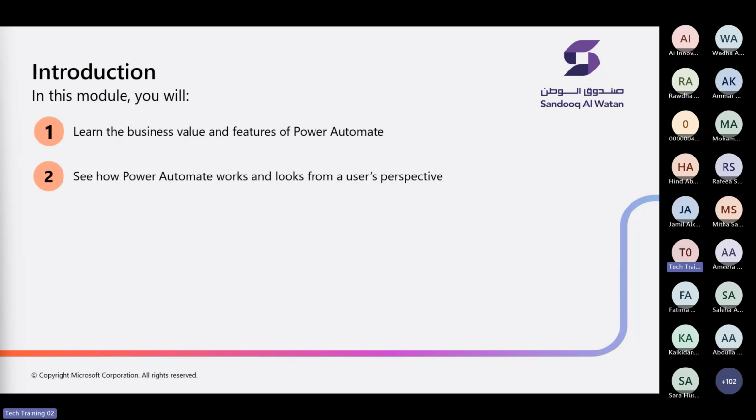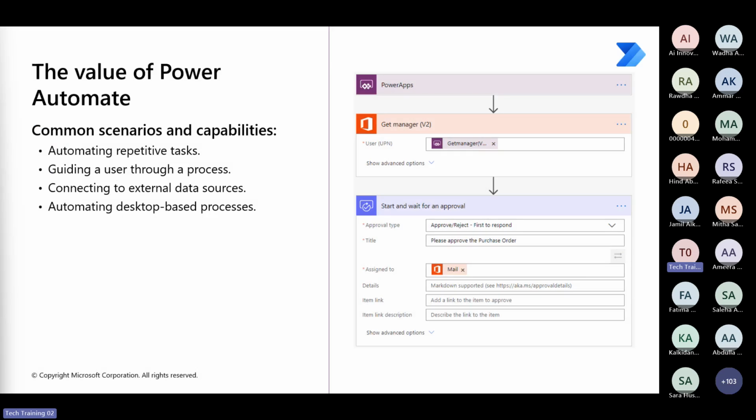Power Automate is about how we can make our daily operations, our daily work, smart and more productive. As we see on the screen, Power Automate is like a puzzle, so you drag and drop to work with it.